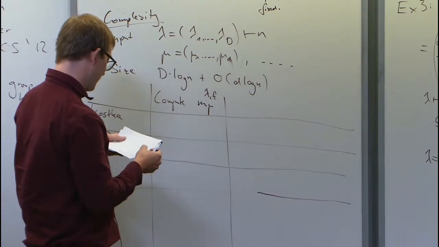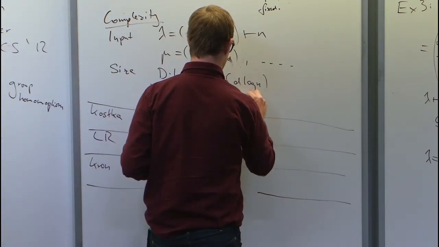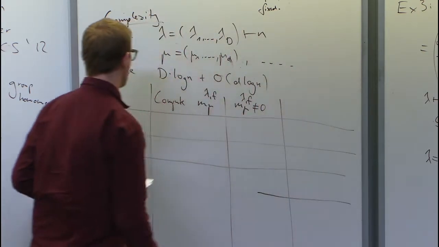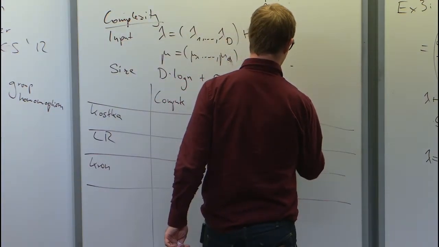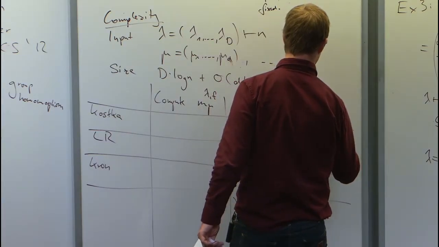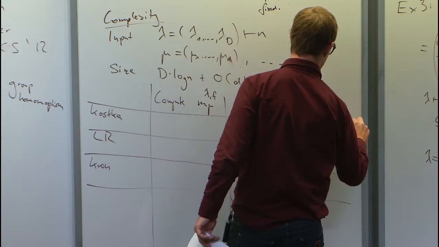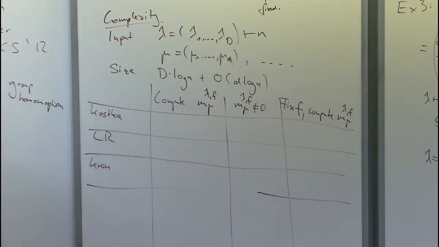So we can either ask, let's compute this, or we can ask, let's decide if this thing is non-zero, or we can ask a simpler question: fix f. Okay, f is fixed, and then compute this. f is not going to change, f is not part of the input, f is just fixed.